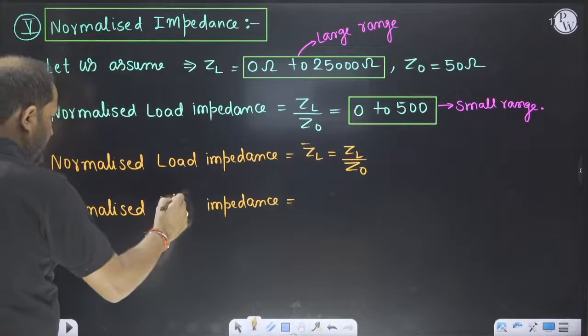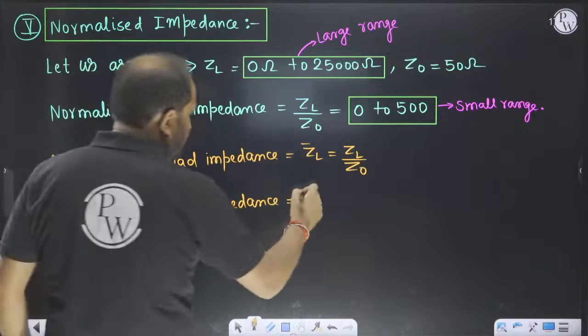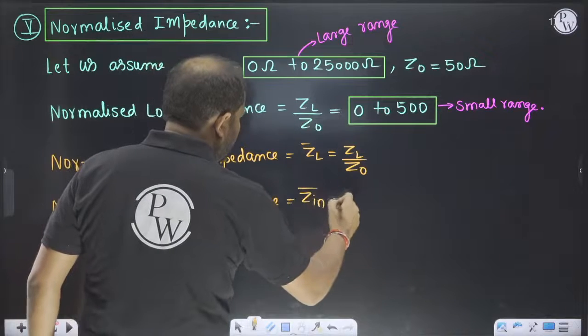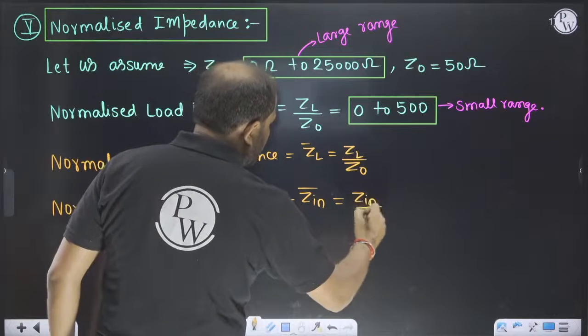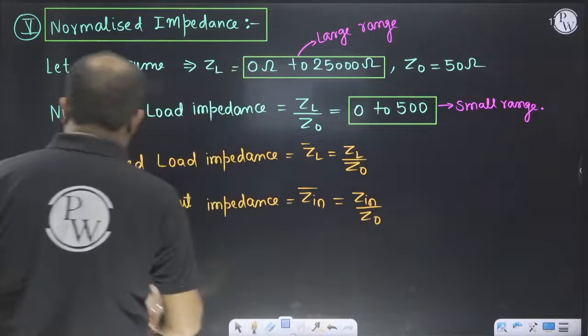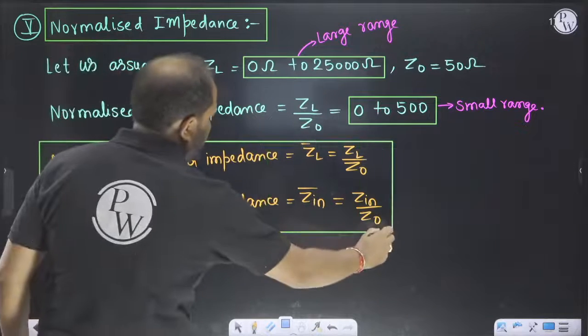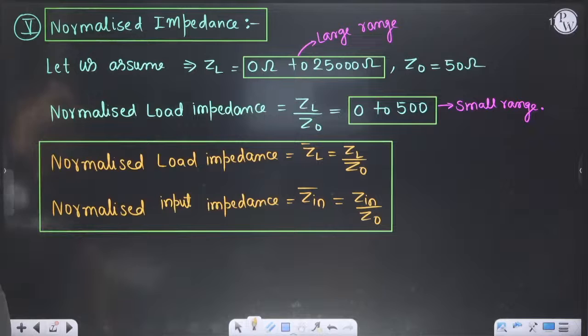Zin bar is equal to Zin upon Z0. This is the point you can remember. So our normalized impedance is over.